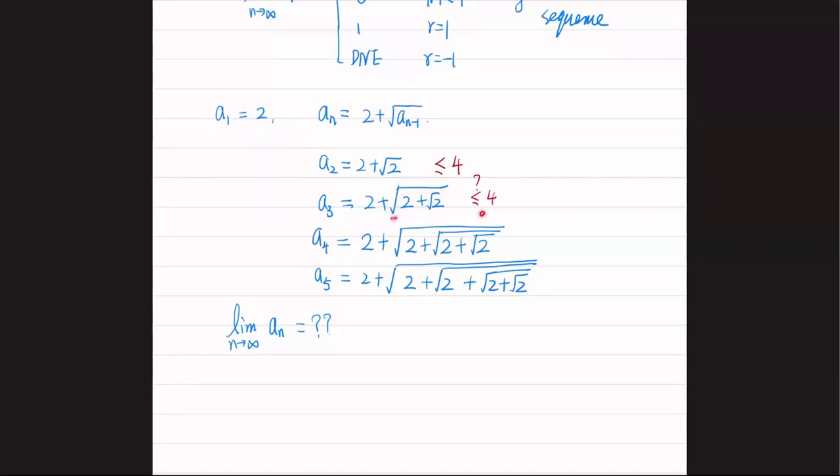What about the next one? Is this less than 4? And why? So this whole thing is less than it was in the previous step. Now the observation is, even though it's increasing, it's bounded from above by 4.